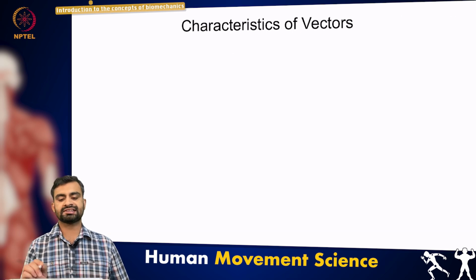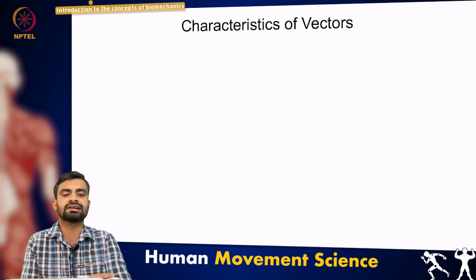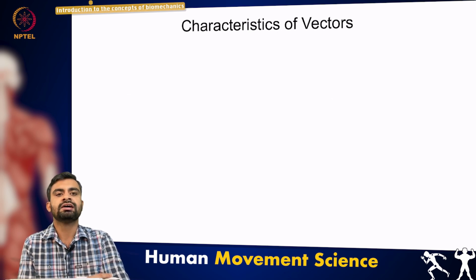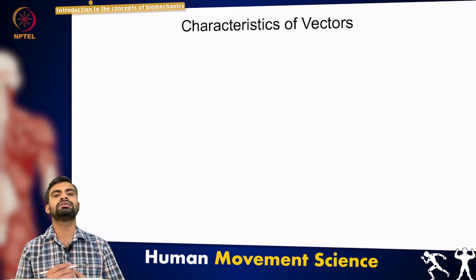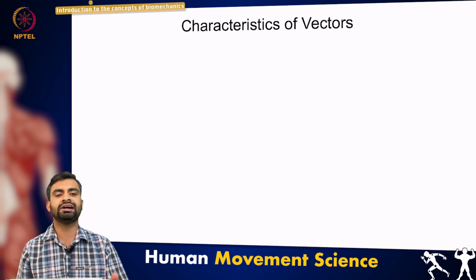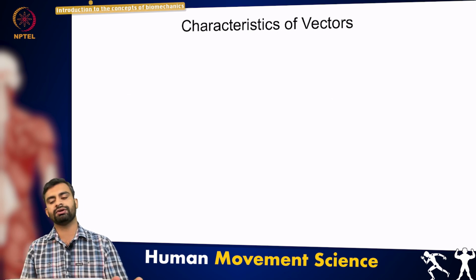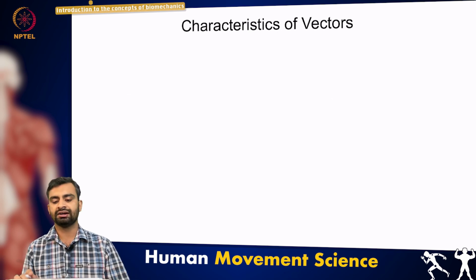Now let's see the various characteristics of a vector. Why do we need to discuss vectors further? Because vectors play a very crucial role in biomechanics in general and sports biomechanics also, because they allow us to perform a detailed analysis of forces, velocities and accelerations involved in various movements, whether athletic or day-to-day activities.